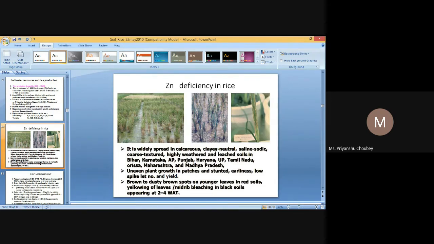Fungi grow in long filaments called hyphae. They feed on organic matter, especially simple carbon compounds, and also on living plants.